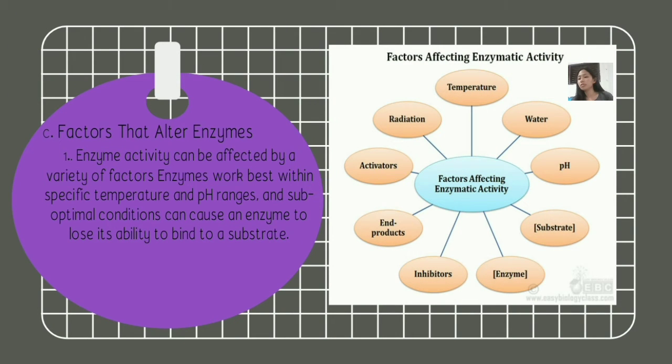Here in the images, you can see that enzyme activity can be affected by a variety of factors. Enzymes work best within specific temperature and pH ranges, and suboptimal conditions can cause an enzyme to lose its ability to bind. I do hope that you can also recall the lessons on how the process of enzymes happens.